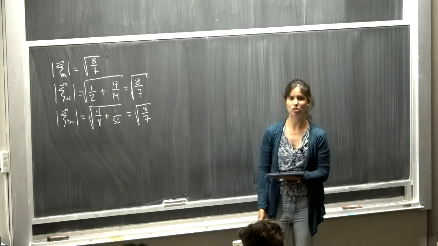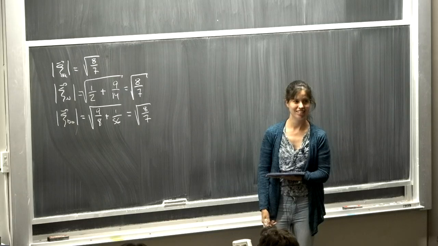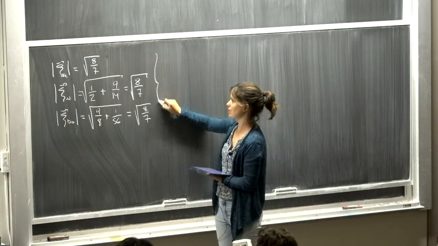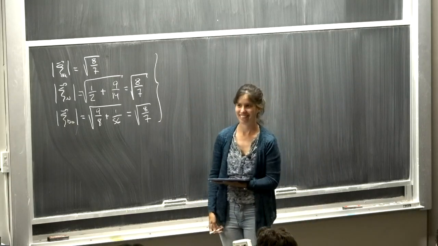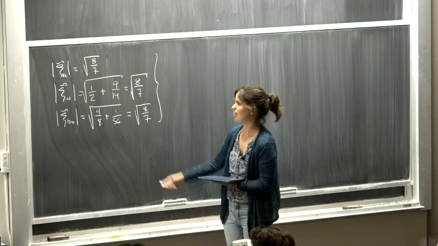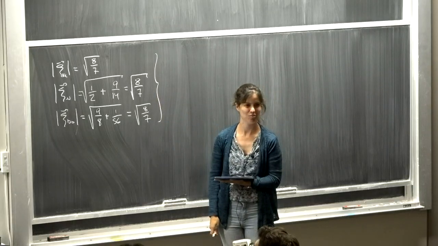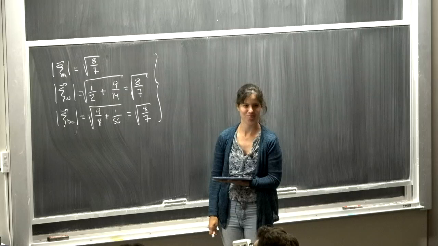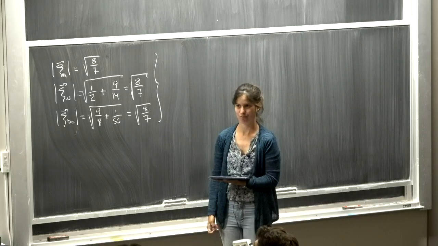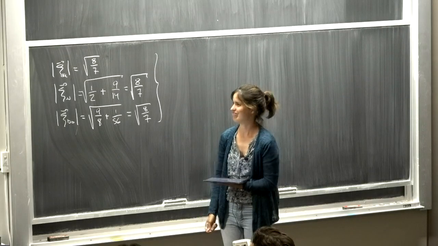Okay, what's going on? Why is this happening? Typically, we are not lucky in physics, right? So why do they all have the same value? What's your guess? There's a reason for that.